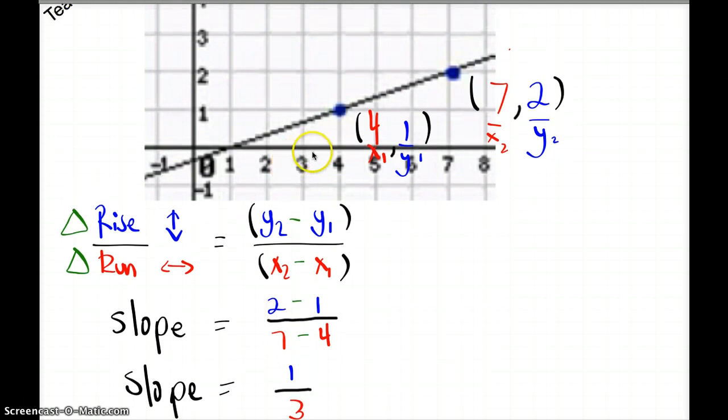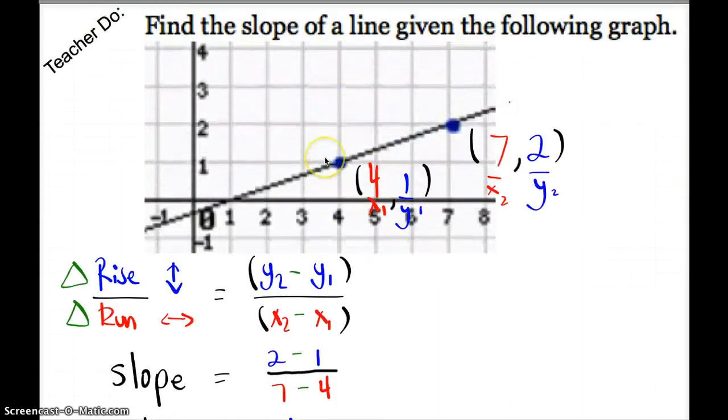Now, if you're a visual learner, this might help. Rise value, rise is up and down, so this is our rise value right there. From this point to this point, I'm going this far, from here to there. That represents plus 1. I'm going up positive 1 unit.